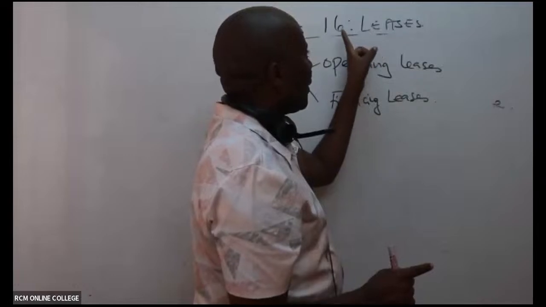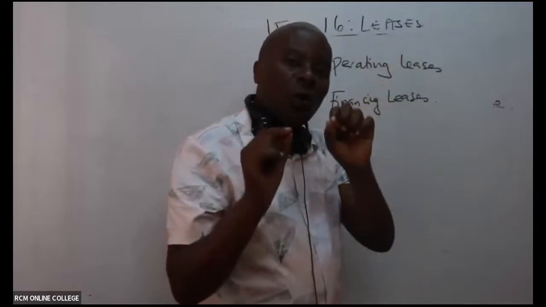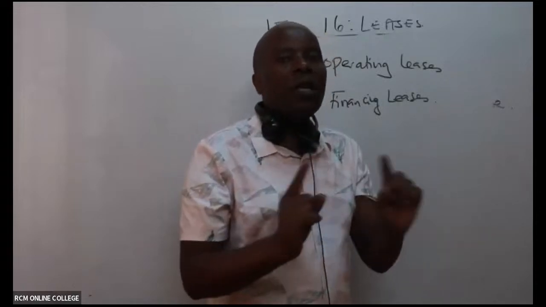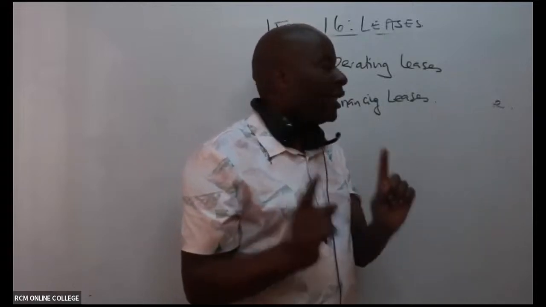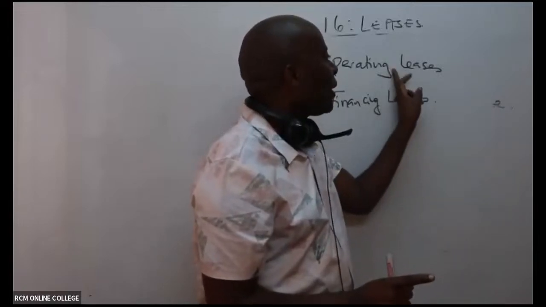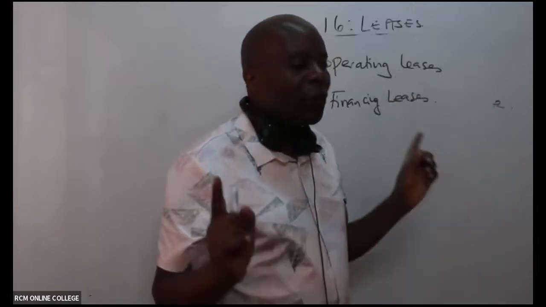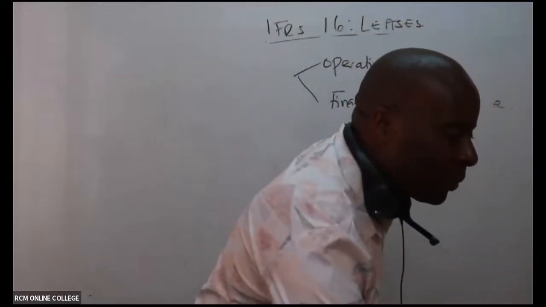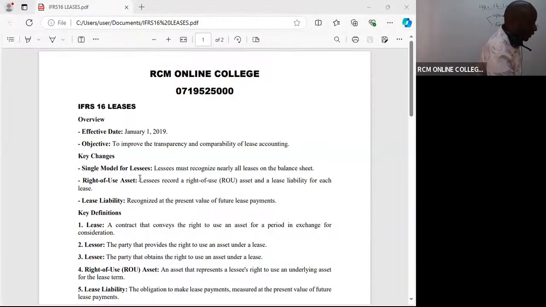The finance leases were the long-term ones. The current IFRS 16 looks at what we call a single lease model: all leases must appear in the balance sheet. The concept of operating leases being off balance sheet no longer works. Number two, the right of use of an asset: lessees record a right of use, ROU, asset, and a lease liability for each lease.